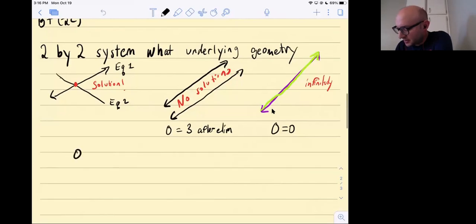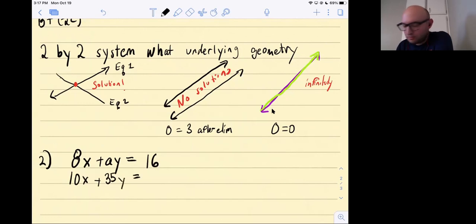8x plus ay, this is number 2. 8x plus 8y equals 16, and 10x plus 35y equals b.